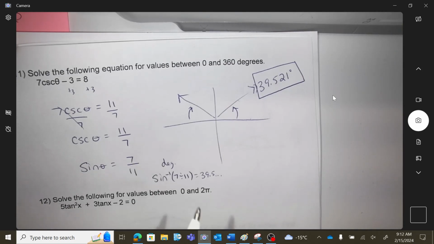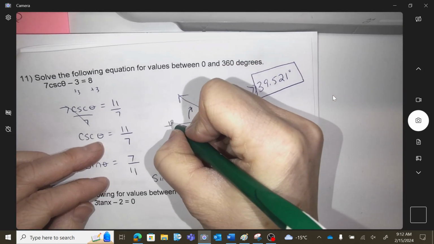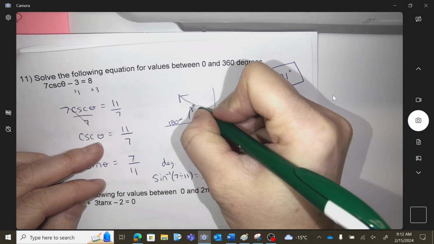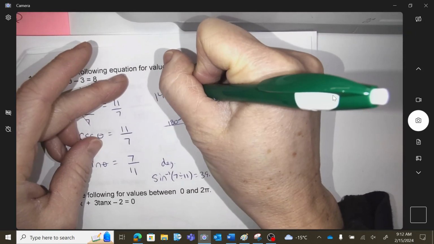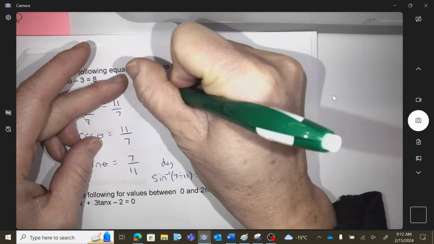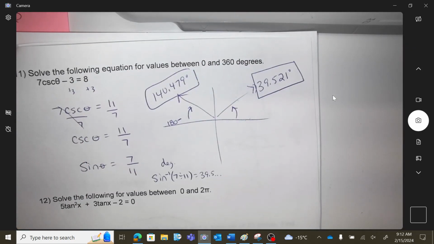And then this one would be 180. Subtract it, right? I'm less than 180. Two answers. There you go.